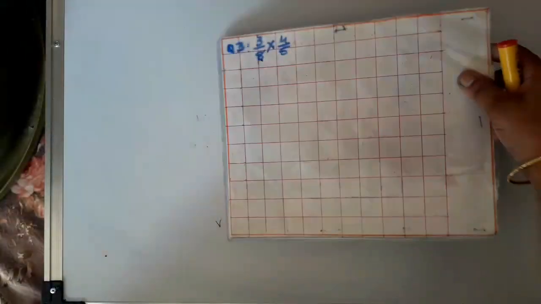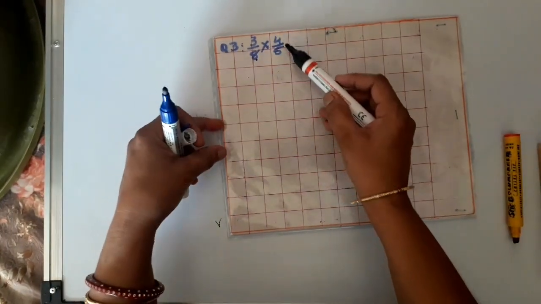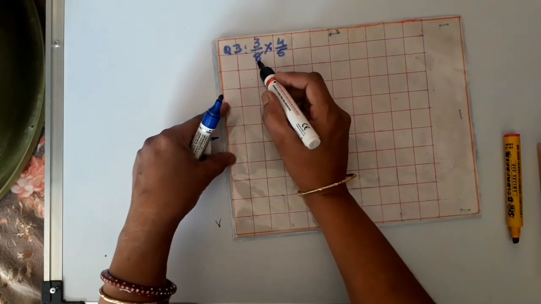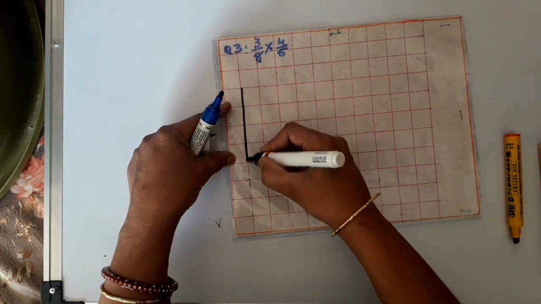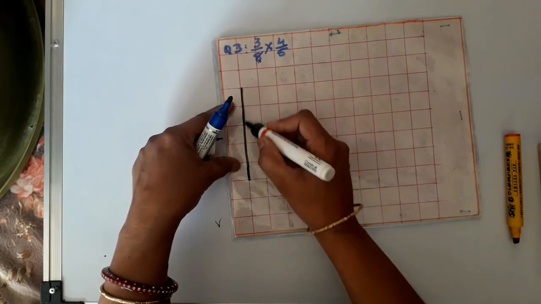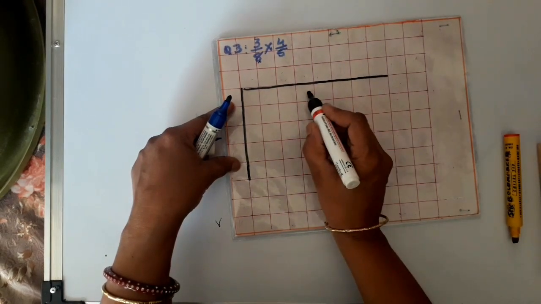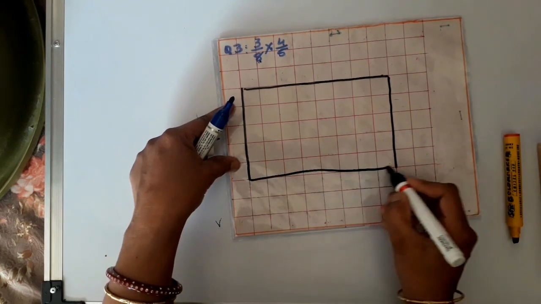Let's see one more question. Here you can see the question is 3 by 8 into 4 by 5. So I have to make a rectangle of dimensions 8 into 5. So here I start with 5 and this will be 8. Okay.